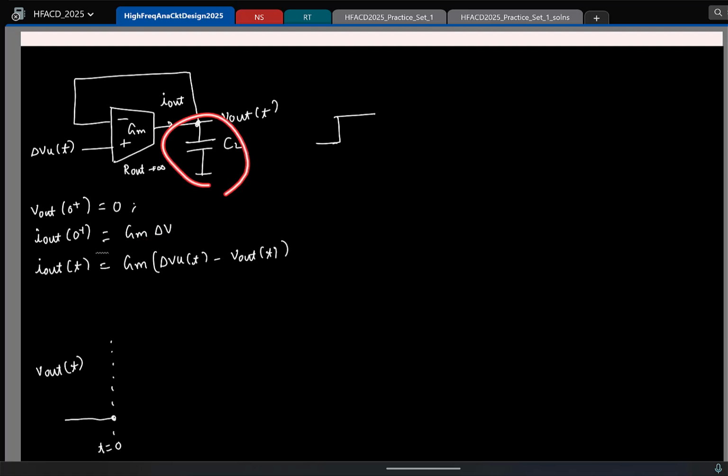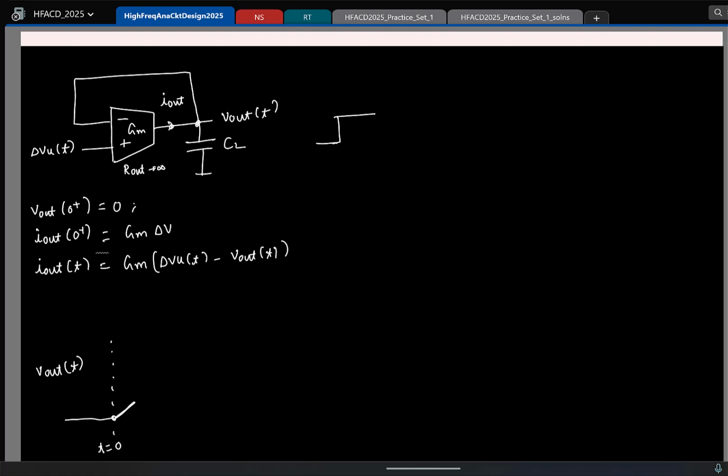So what will happen to the capacitor voltage? It will start increasing. So now the output voltage V out increases. So what will happen to the current? The current reduces. So the current pushed into the capacitor reduces. So what can you say about the rate at which the capacitor voltage increases? The current is dropping, so the rate reduces.